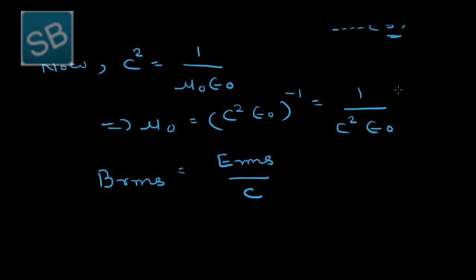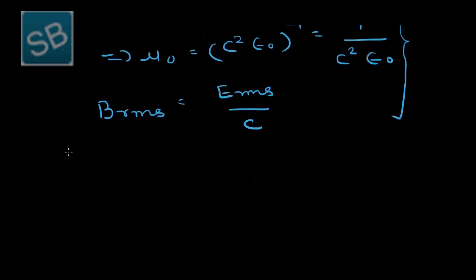So by substituting these two results in equation number 3, we will get the answer in this way. Rho is equal to, there is no change in the first term, 1 by 2 epsilon 0 E square RMS plus B square upon 2 mu 0.